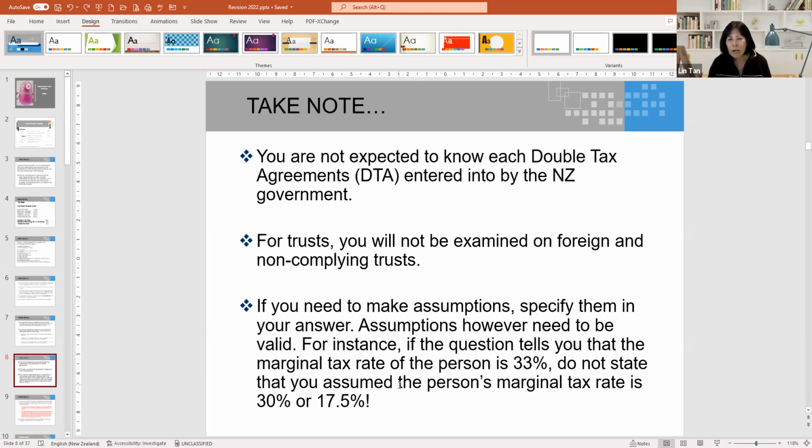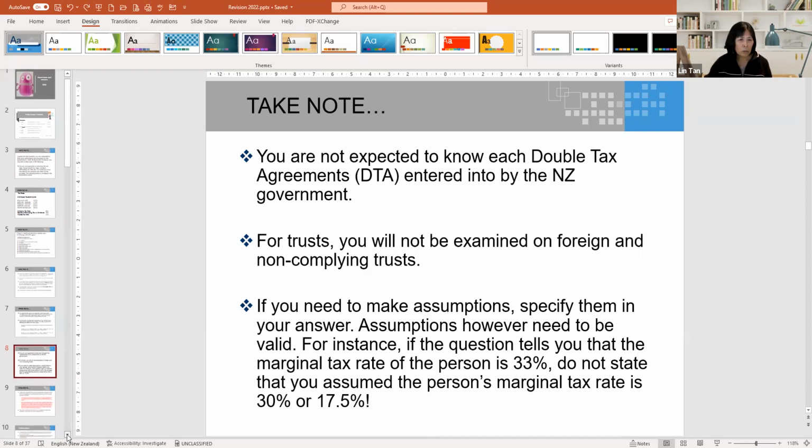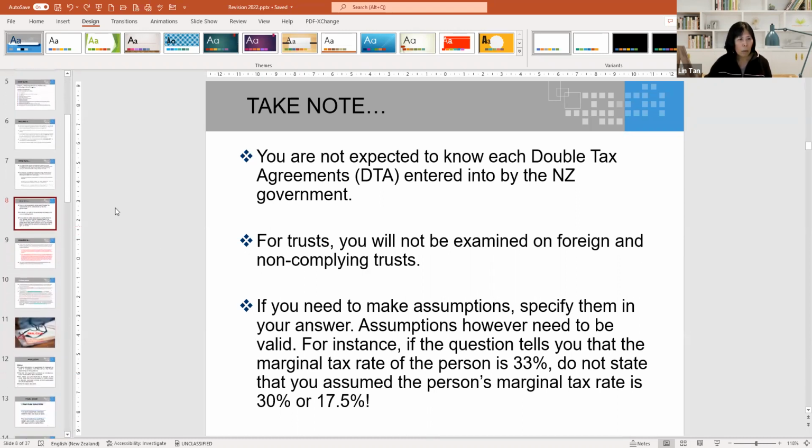And I have come across answers provided by students where the marginal tax rate has already been pointed out to you all, and students still want to make their own assumption about it, right? So that will be an invalid assumption, and it will not be acceptable because the person's tax rate has already been mentioned in the question. Okay.